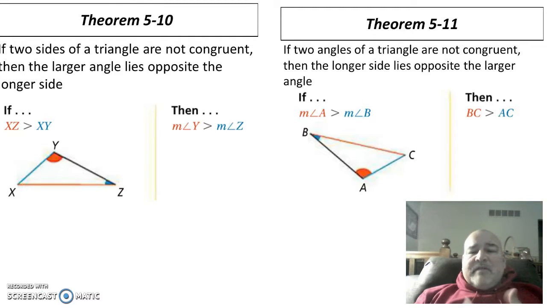And 5-11 is the converse of that. If two angles of a triangle are not congruent, then the longer side lies opposite the larger angle. So since angle A, formed by side AB and side AC, is greater than angle B, formed by BC and BA, that means BC, the side opposite angle A, is greater than AC, the side opposite angle B.